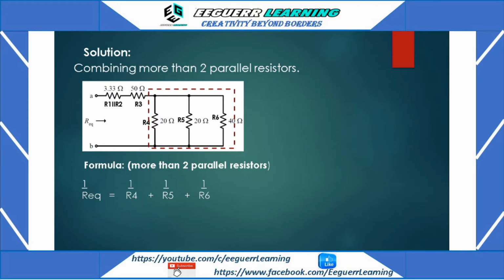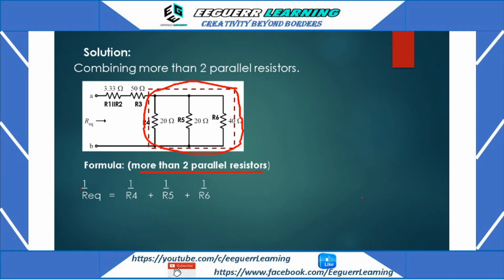So here we're now going to combine these three resistors. Now the formula for more than two parallel resistors will be different, and this is the exact formula for combining more than two parallel resistors.